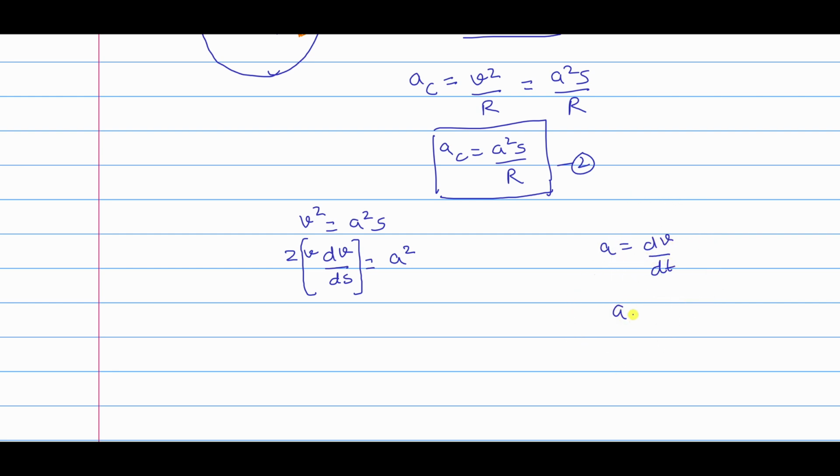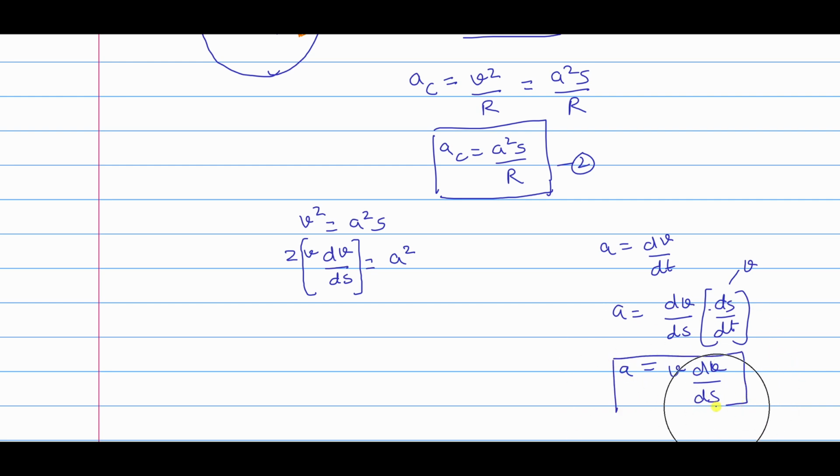You can write this as dv by ds times ds by dt. You can cancel ds out, and you will be left with dv by dt. And this part is basically velocity, ds by dt. So this acceleration becomes v dv by ds. This is an expression that you will come across a lot of times, and you need to remember this.